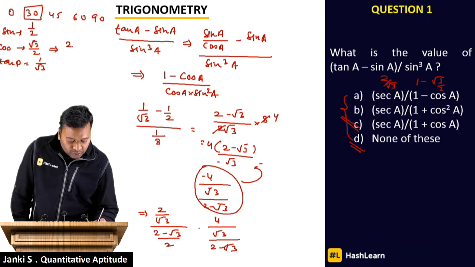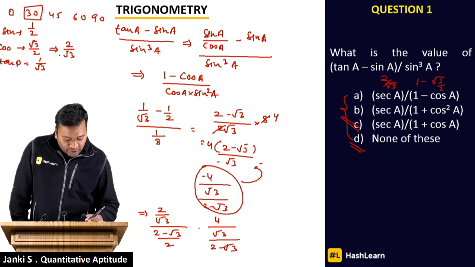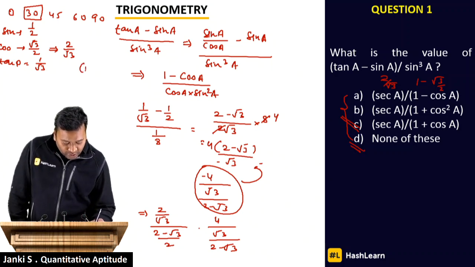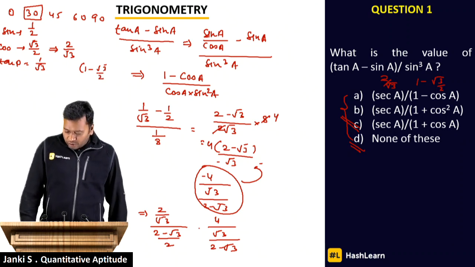Sec is opposite of this, that means 2 by root 3, और ऑप्शंस में हमारा है 1 minus cos, right? So 1 minus root 3 by 2 will be the format, right? So let's see कौन कौन सा ऑप्शंस पॉसिबल हो रहे हैं.